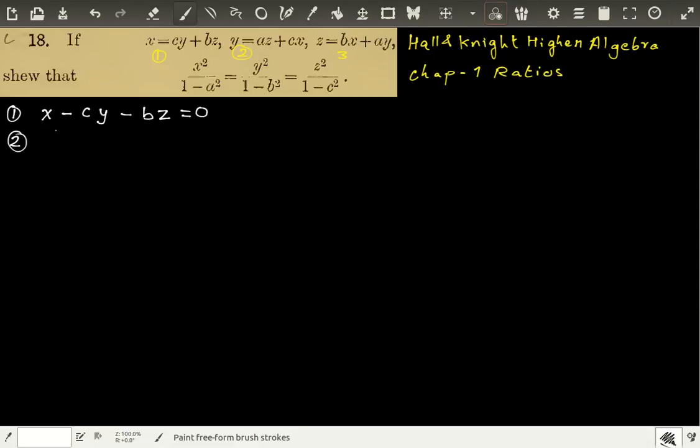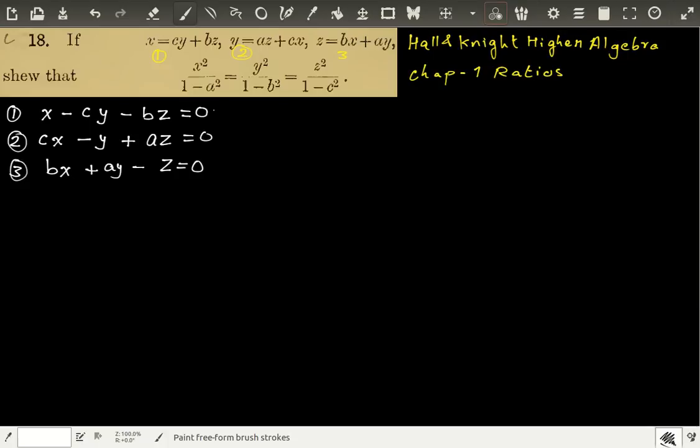Equation number 2 is cx minus y plus az is equal to 0. Equation number 3 is bx plus ay minus z is equal to 0.